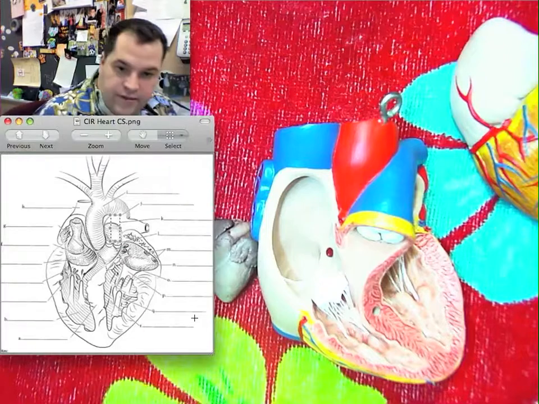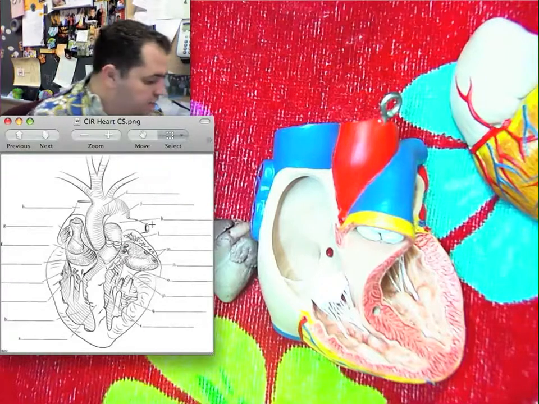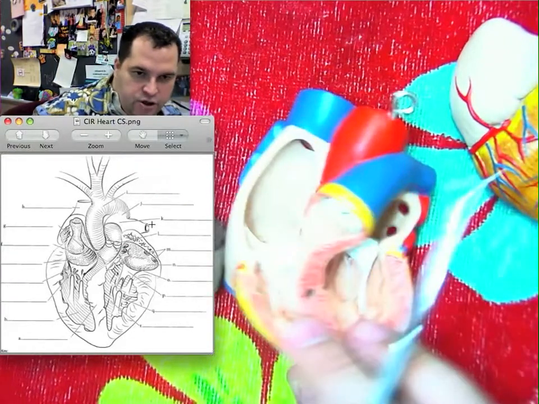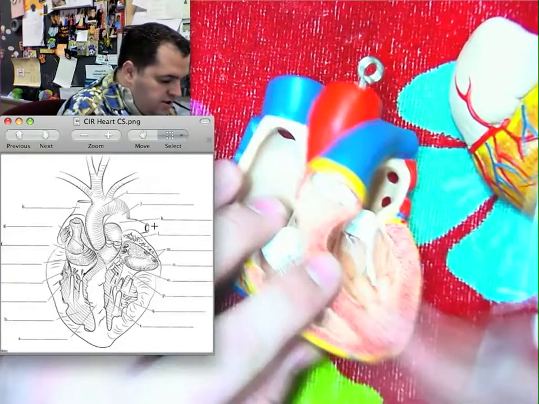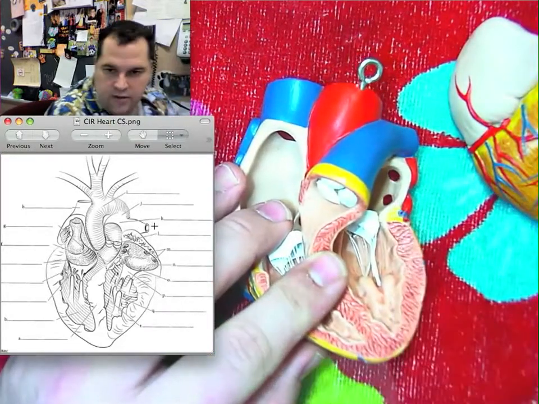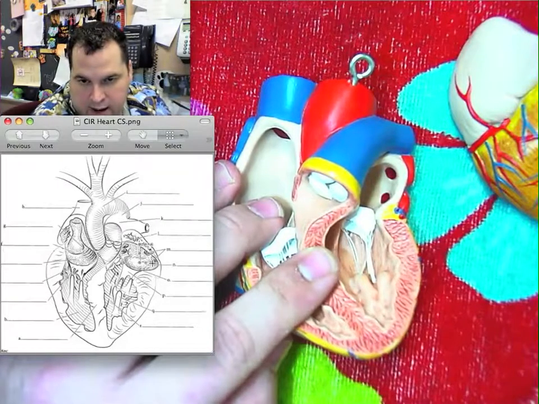Now the next thing is, if we turn our diagram, we can start to see the pulmonary vein, which is represented by the letter M right here.